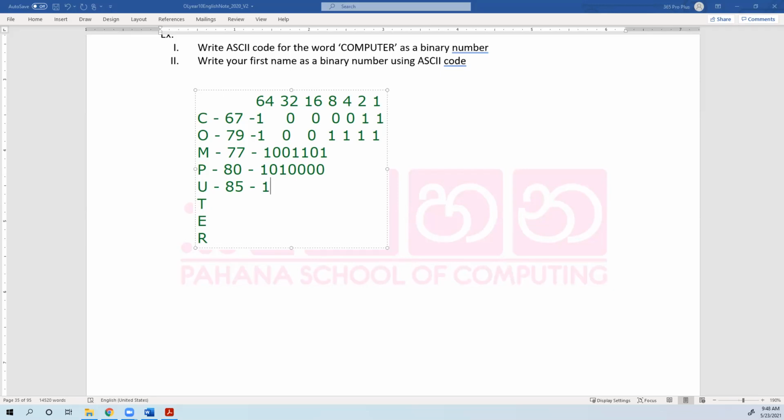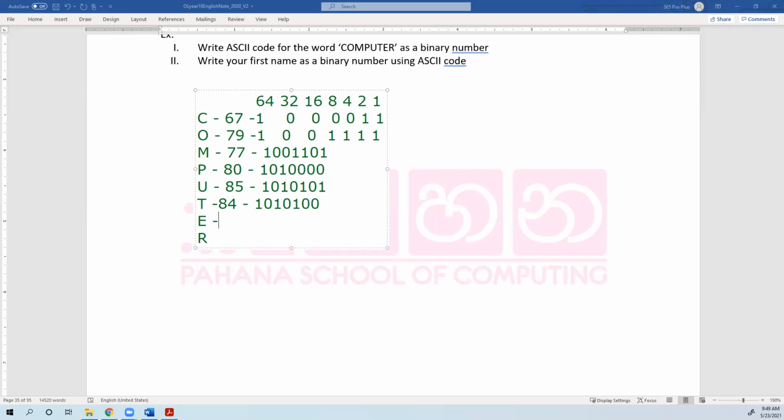So that means 1, 0, 1, then 0, 1, 0, 1. Then T is 84. You have to subtract 1 from this: 1, 0, 1, 0, 1, 0, 0.